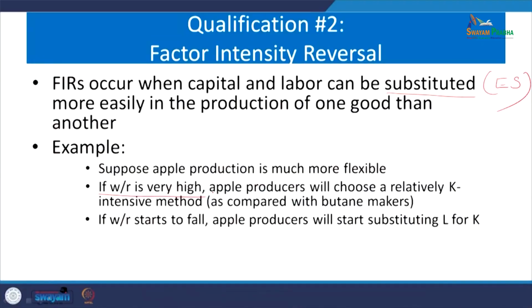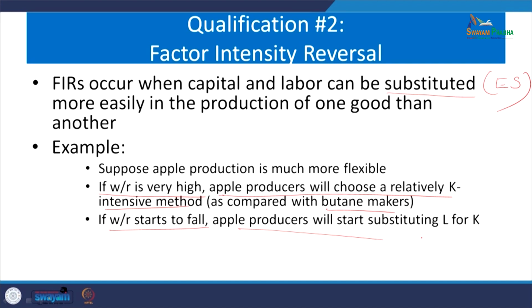So factor intensity reversal is necessarily contradicting the existing model because of this change. Now, if W by R is high, that is, if the wage rate is higher, the apple producer will choose a relatively capital intensive method compared to botany, which is an organic product using more labor. If W starts to fall, then apple producers will substitute.